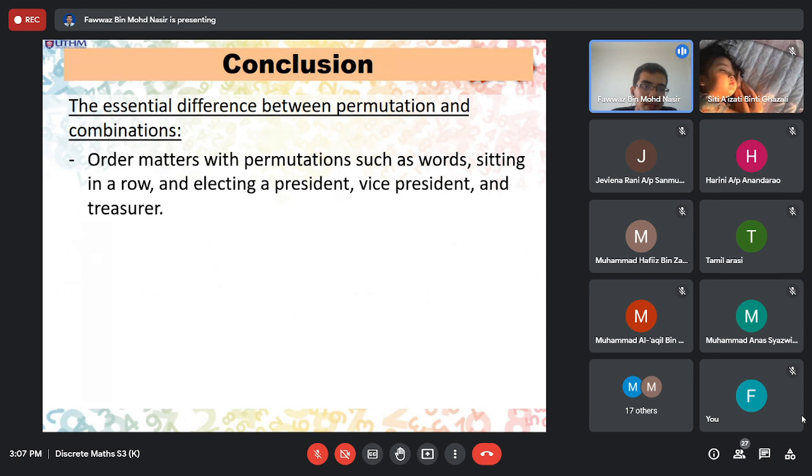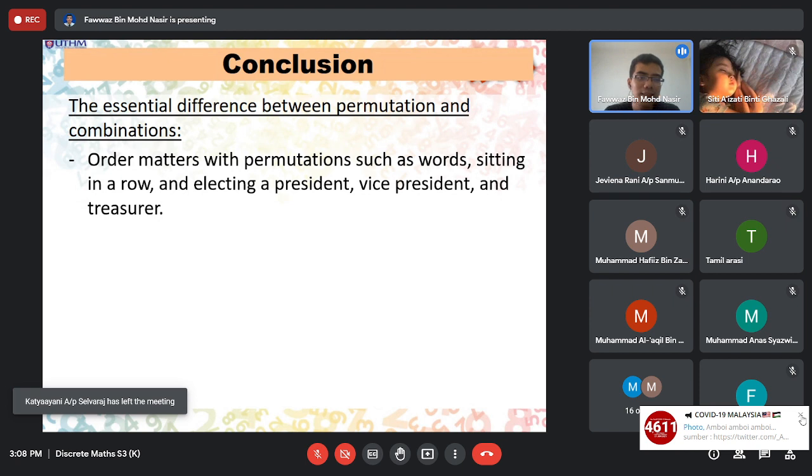Okay, ataupun bila kita nak arrange people di dalam row ataupun di dalam line dan sebagainya. Okay, ataupun kita nak elect people ke dalam committee tu, bukan nak choose tapi nak elect president, vice president ataupun treasurer. Okay, nak elect people to a position. Okay, jadi in those cases kita pakai permutations.